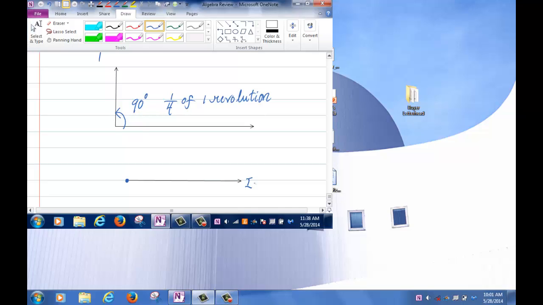If I do that, then my terminal side would be right here, and then I get this 180 degrees. That's half of 360 degrees. So this is 1/2 of 1 revolution.